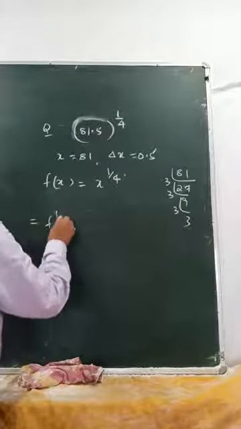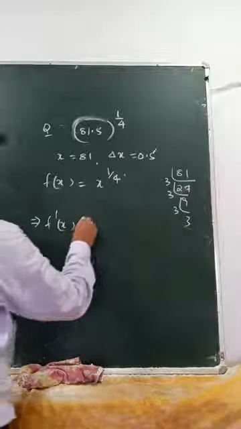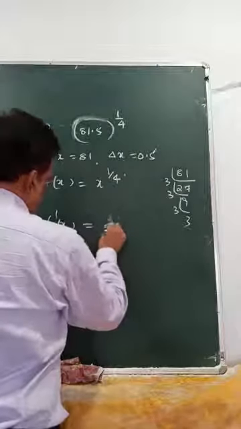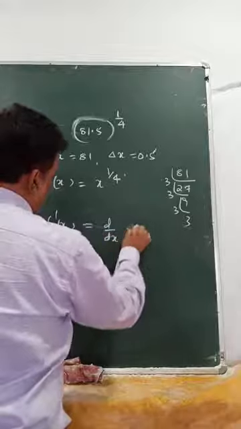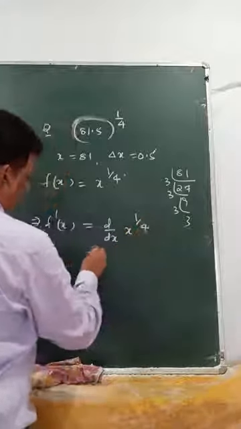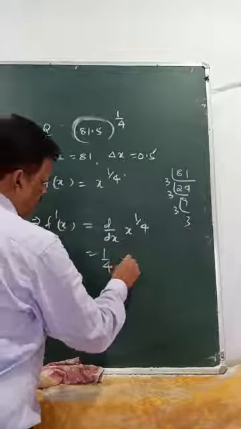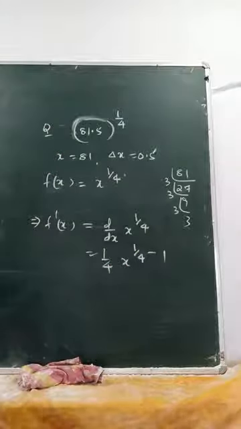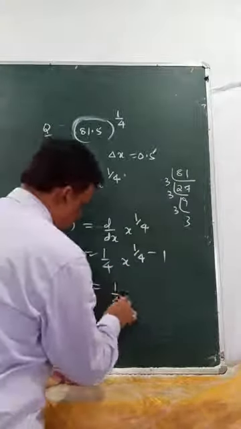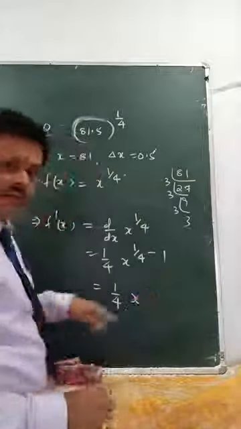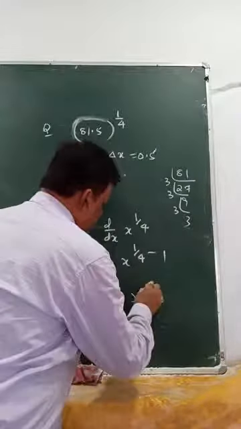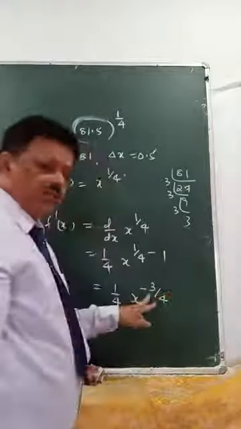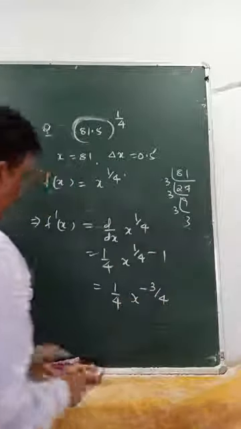So f dash x equals d/dx of x to the power 1 upon 4. That is 1 upon 4 x to the power 1 by 4 minus 1. Okay, that is 1 by 4 x to the power minus 3 by 4.